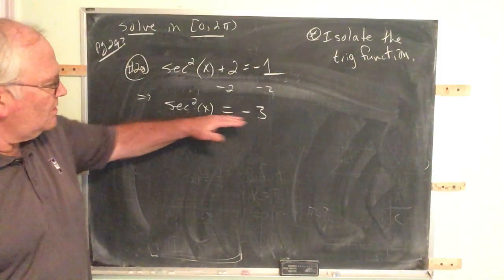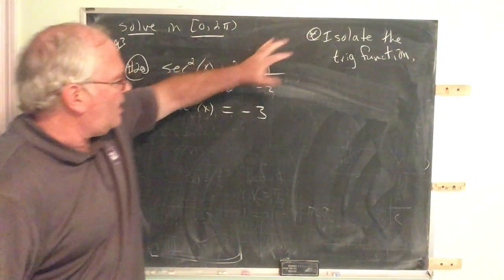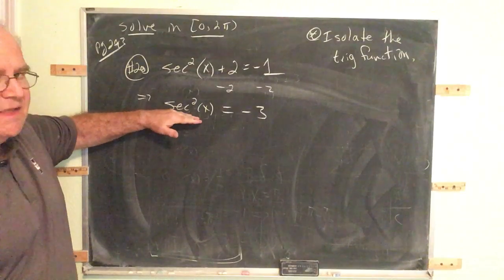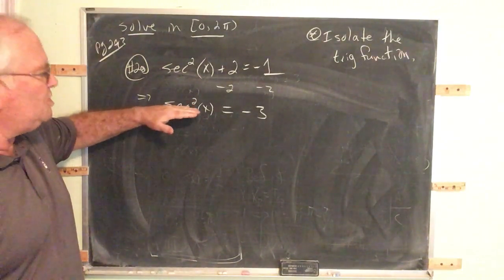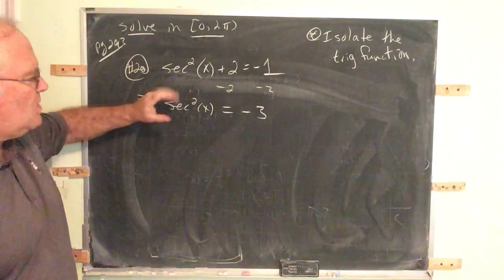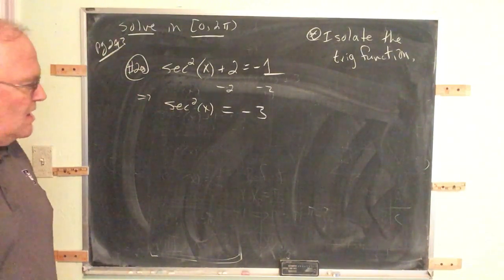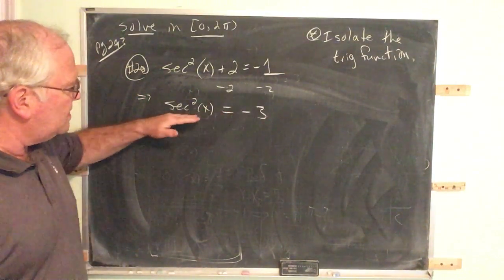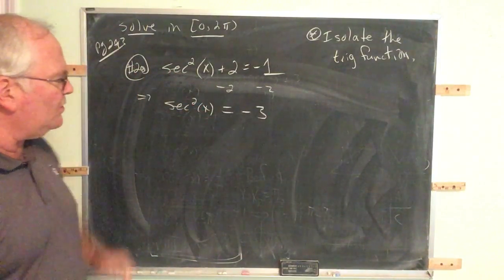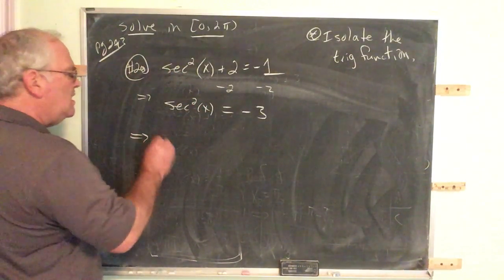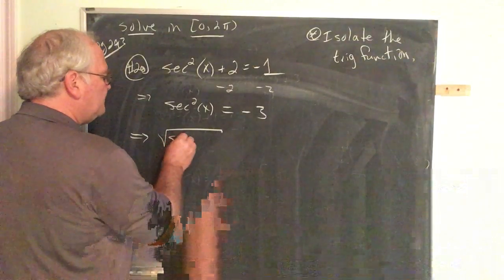So, when we want to solve these equations, we don't want secant squared. That's not the basic equation. We want just secant. If this were sine squared, we would want just sine. If this is tangent squared, we would want just tangent. We want first power exponents, so that becomes a basic equation. One of the ways to do that is to use the square root method, take the square root of both sides of this equation. So we would say the square root of secant squared of x is equal to plus or minus.